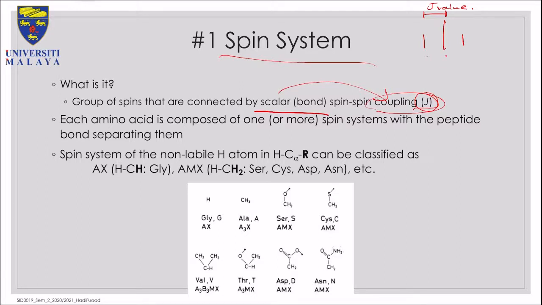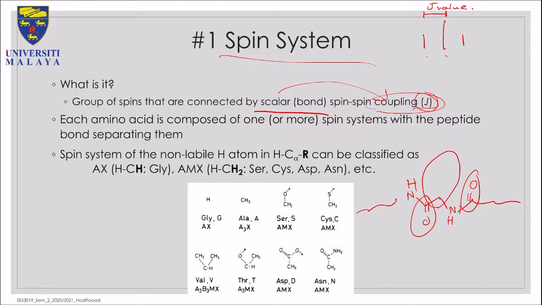Each amino acid is composed of one or more spin systems with the peptide bond separating them. Because of the presence of the amide, and of course we have a peptide there, again you have a carbonyl group between each amino acid. Therefore, the spin system within the amino acid itself is considered as one.